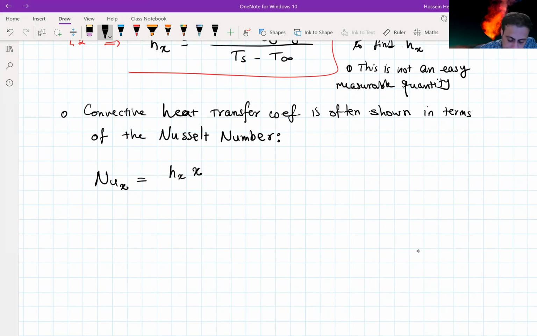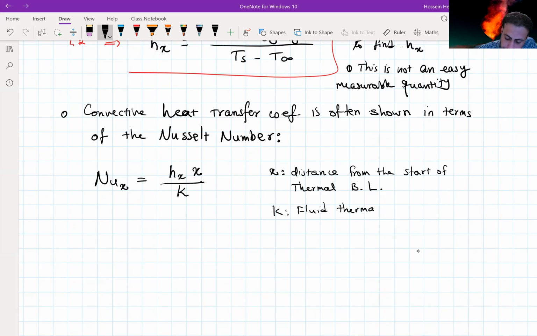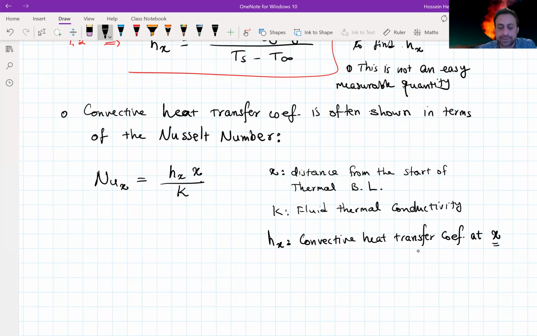It is going to be hx times x divided by k, where in this equation x is the distance from the start of the thermal boundary layer, k is the fluid conductivity, and hx is the convective heat transfer coefficient at location x.